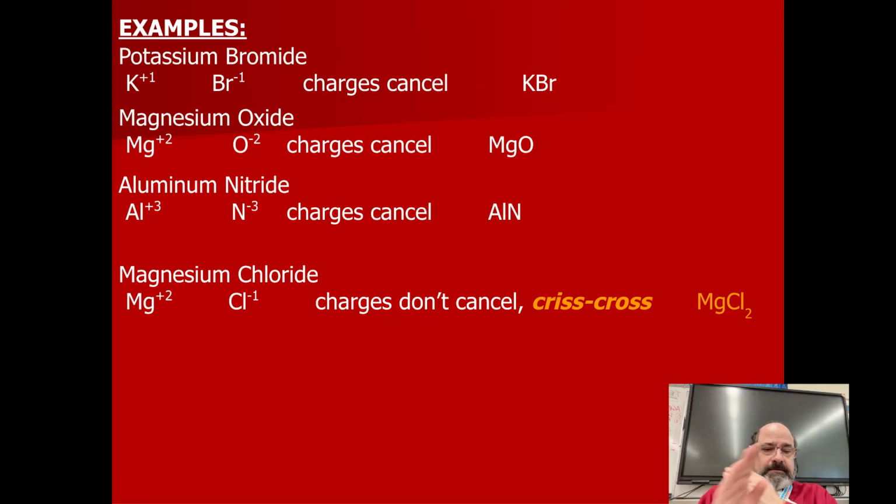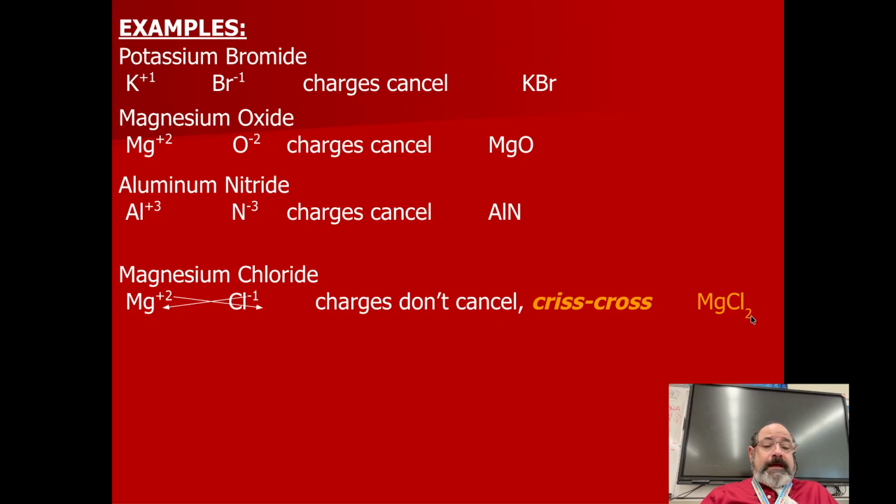No math here. Crisscross and then down. So the 2 goes down, and you see that here. And then the 1 goes down. The 1, it's an invisible 1, like 1x. It's there, but you don't really see it. Usually you don't write it, but it's imaginarily there, like an invisible 1.